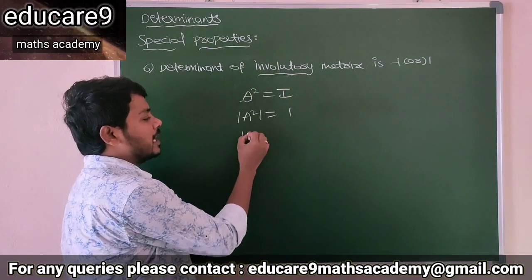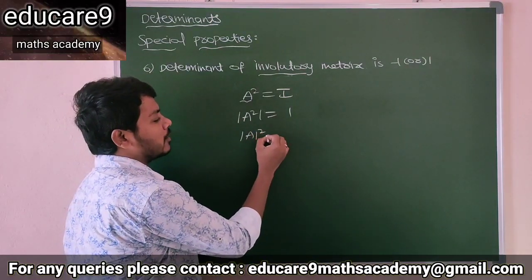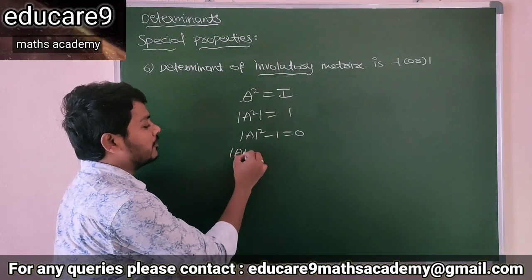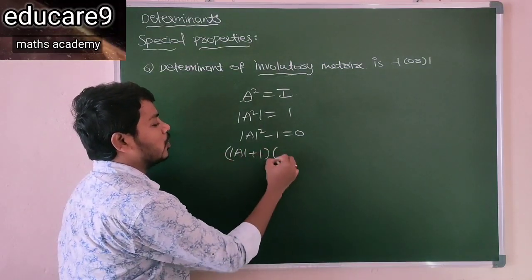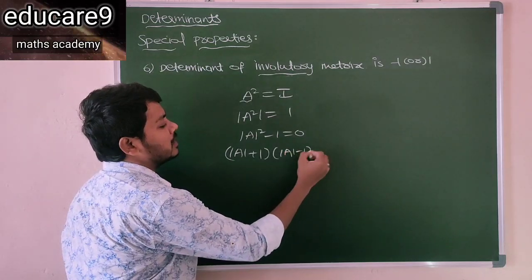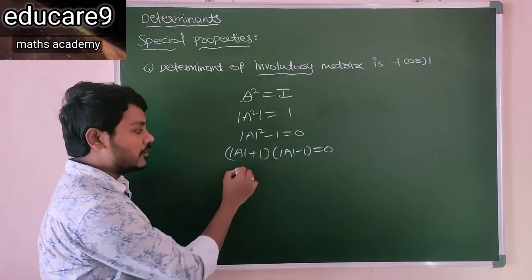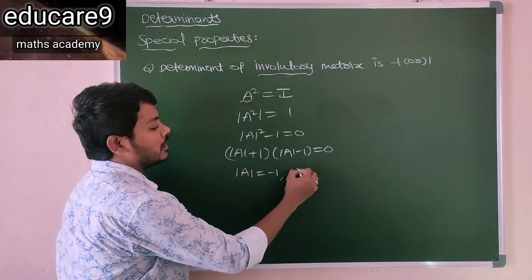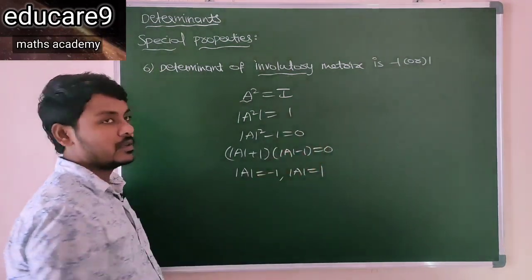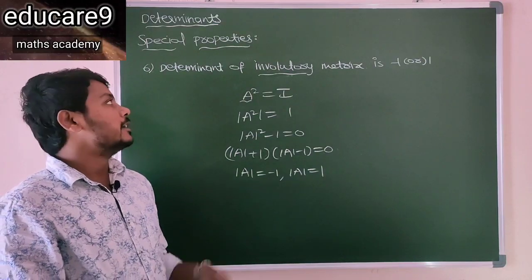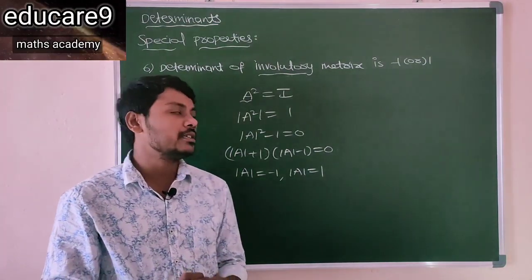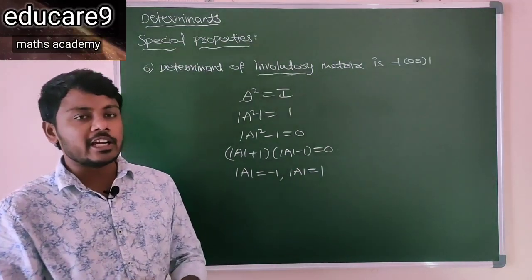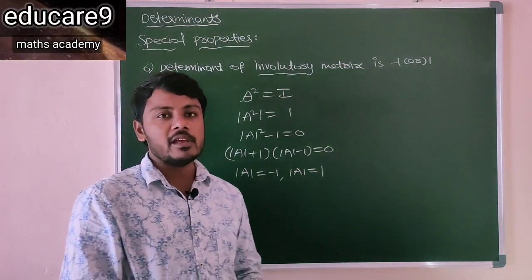So this can be written as determinant of A square minus 1 is equal to 0. So this is determinant of A plus 1 into determinant of A minus 1 is equal to 0. Therefore clearly determinant of A is equal to minus 1 or determinant of A is equal to 1. So the determinant of an involutory matrix is either minus 1 or 1. So these are the special properties of the determinants.